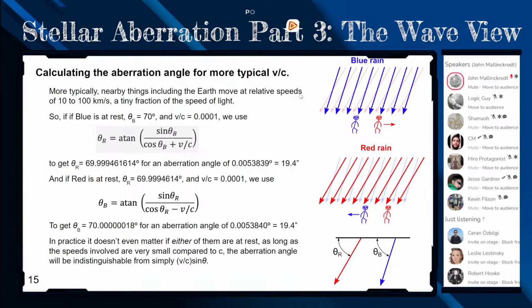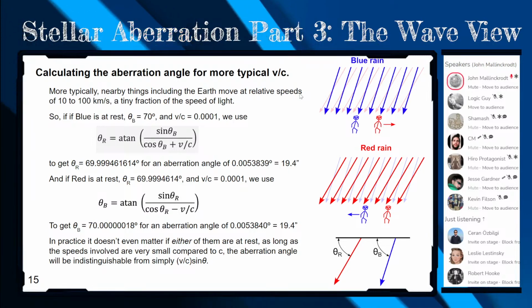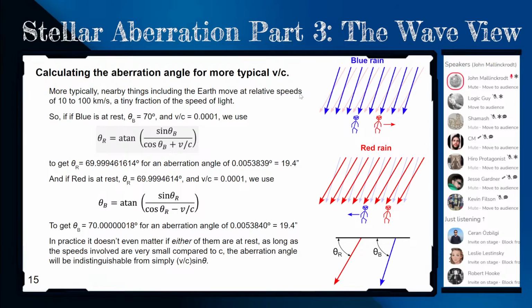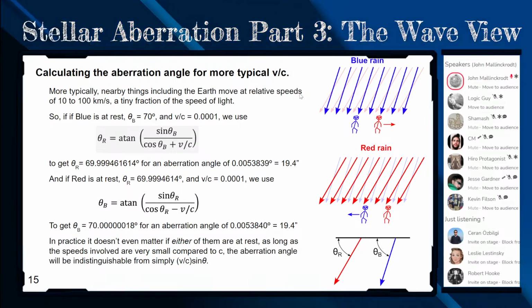We use the same formula again, and now we calculate that the red observer will see 69.999461614 degrees. That's an aberration angle, a difference between... Hold on, 70. Objection, Your Honor. Too many significant figures. It's actually not. Surprisingly enough, it actually isn't.